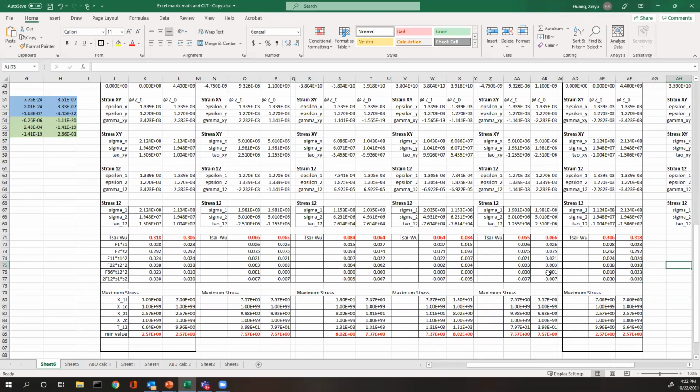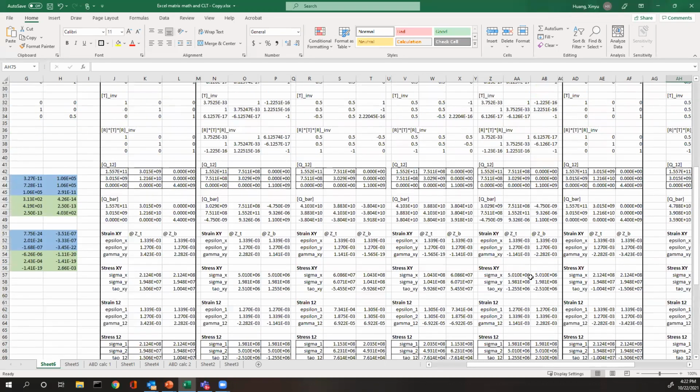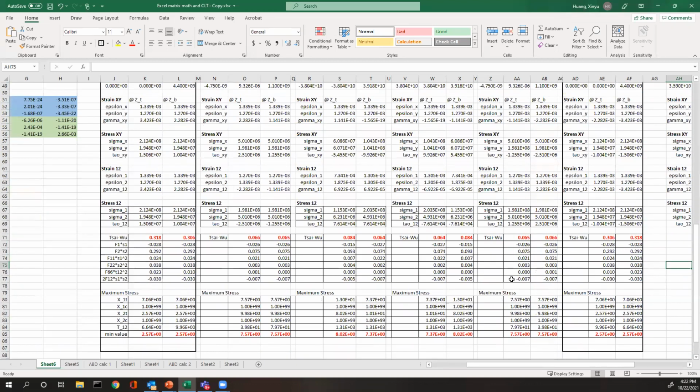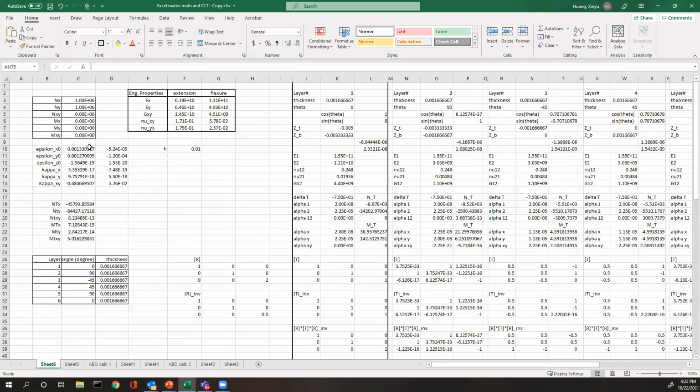Then I can scale this up to a certain threshold. Let me try 2.56. All right, let me try to scale up a little bit. 3.16. So let's do a factor here.